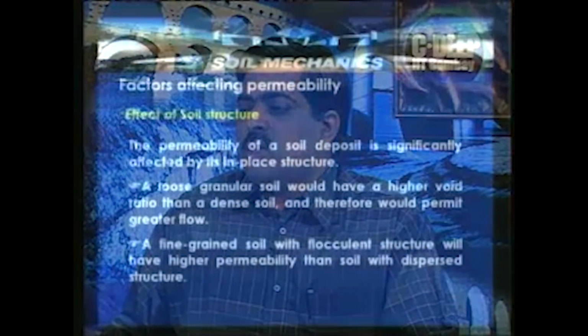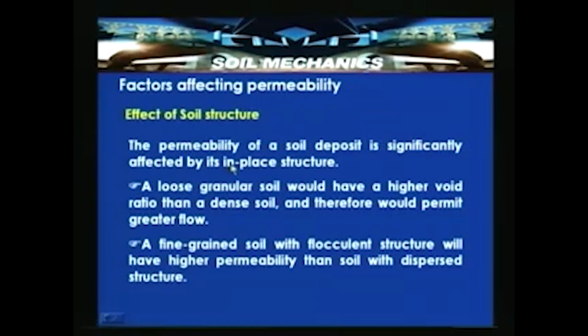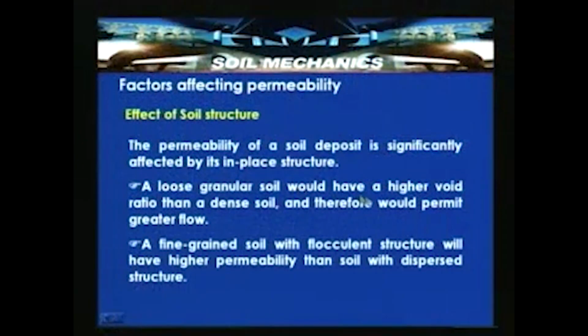Another important parameter which influences permeability is the soil structure. The permeability of a soil deposit is significantly affected by its in place, that is in situ, soil structure. A loose granular soil would have a higher void ratio than a dense soil and therefore would permit greater flow.